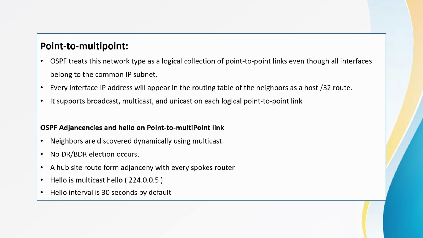So point-to-multipoint means hub-and-spoke topology. Hello is a multicast hello. That means the hello is sent to 224.0.0.5. Hello interval is 30 seconds by default. This is a longer interval.